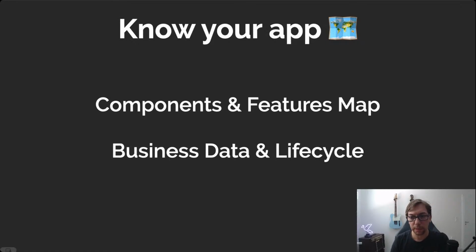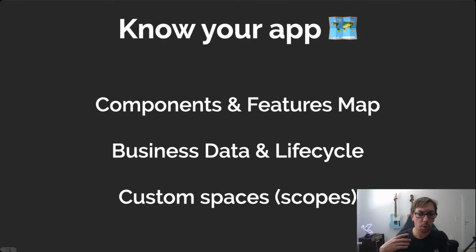After that, I would advise understanding your business data and whether there is any case of particular lifecycle. Is there any long-living object, or other kinds of scopes you can have in mind, or business rules that can be used later.